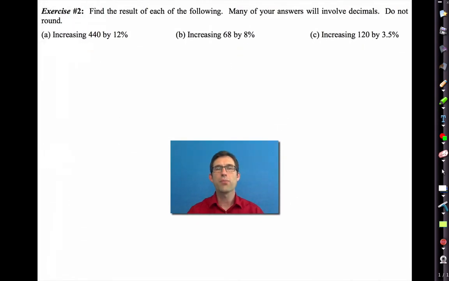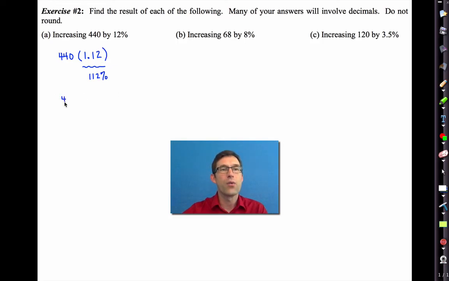It is so important to be fluent with this, but watch how easy it is. Let's increase 440 by 12%. All right. Now we could do it in a two-step process. We could multiply it by 0.12 and then add it on. But to increase by 12%, all we're going to do is multiply by 1.12, right? This is really the idea of having 112% of what remains.